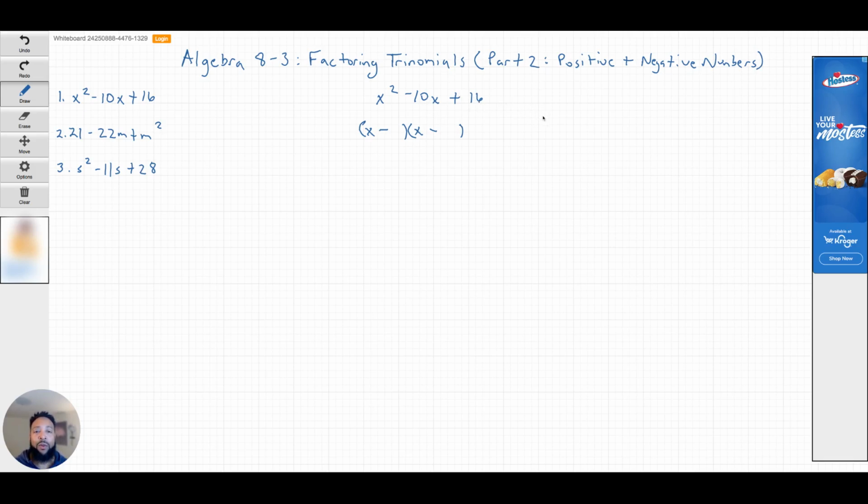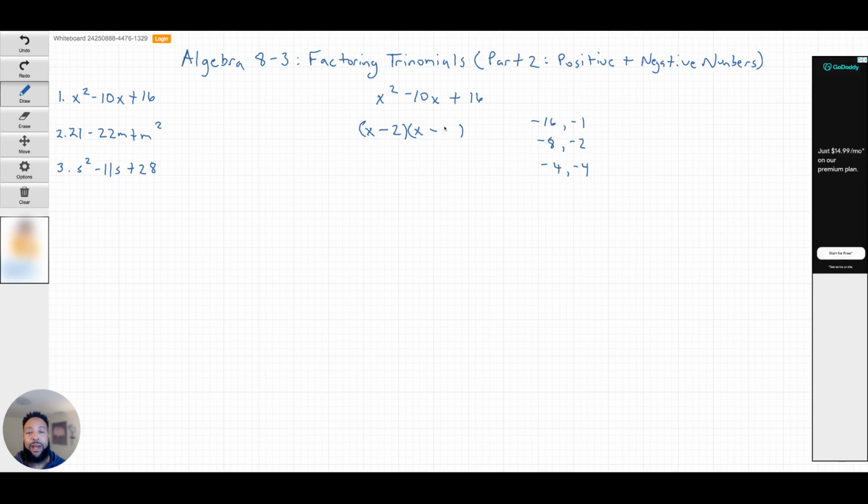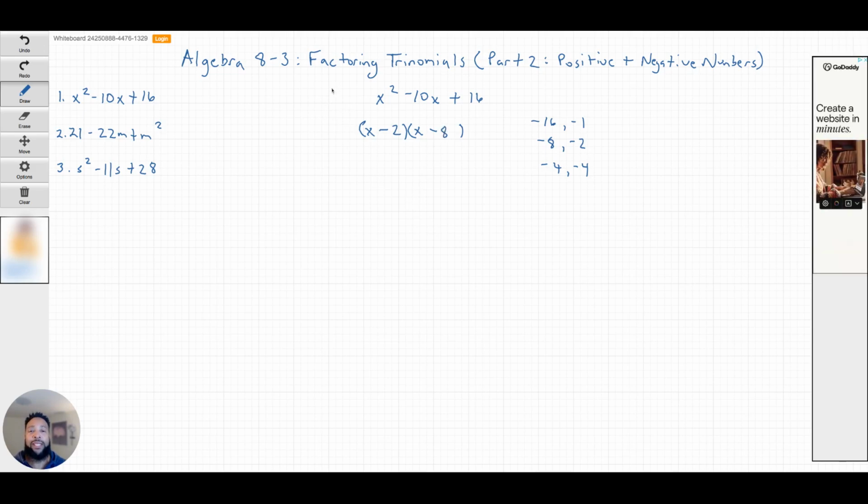If we were to look at 16, we could do negative 16 times negative 1, or negative 8 times negative 2, or negative 4 times negative 4. See where I'm going with this? Now we need two of these numbers to add up to negative 10. It looks like it's going to be the negative 8 and the negative 2. So our answer is x minus 8, x minus 2.